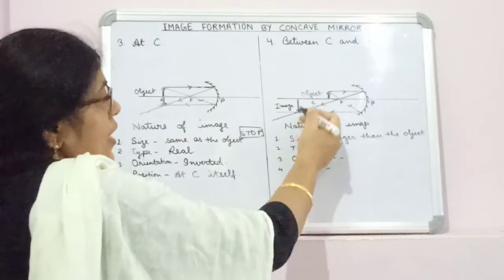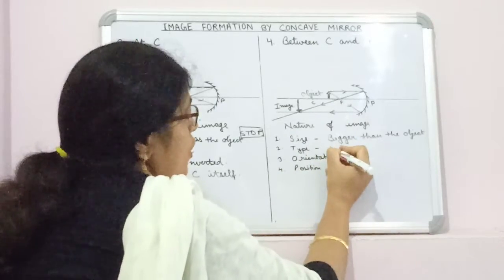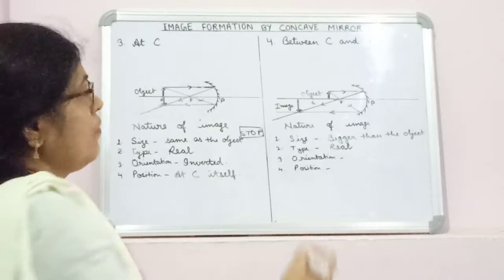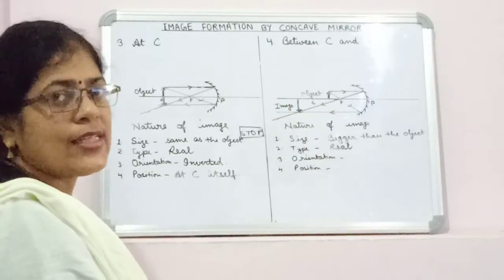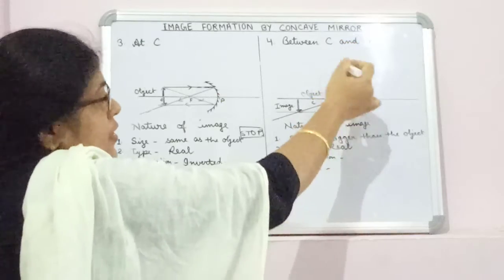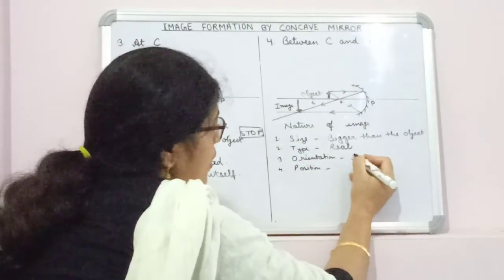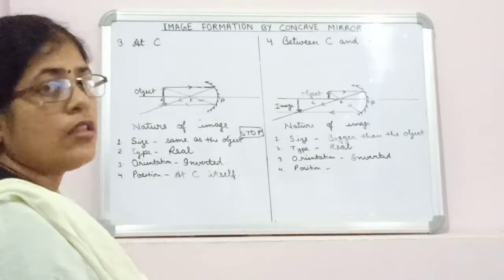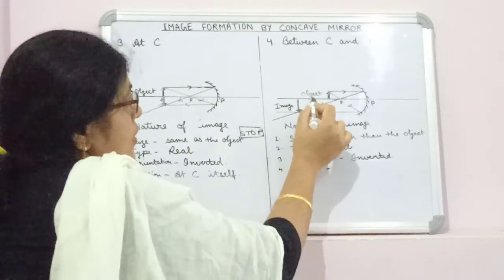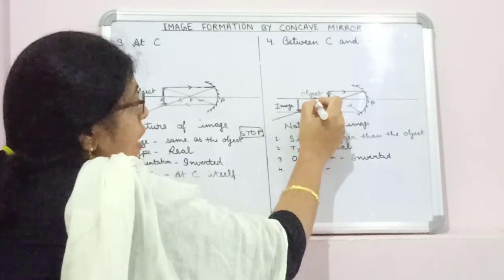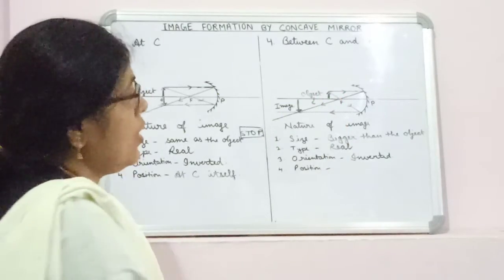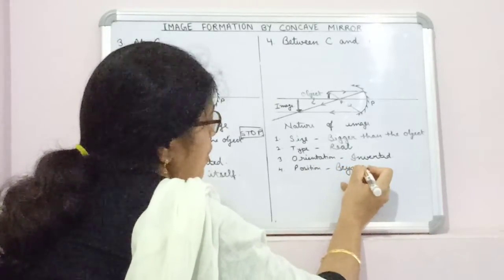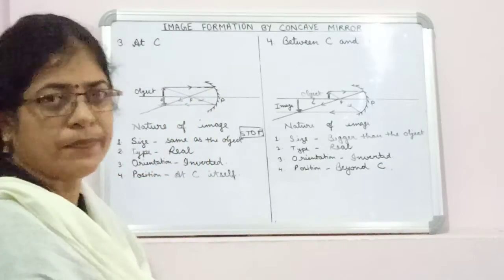Type: obviously it is forming by the actual intersection, so it is a real image. Orientation: it is forming below the principal axis while the object is above and erect, so the image is inverted. And the position: see, this is the center of curvature, and we have the image beyond the center of curvature.